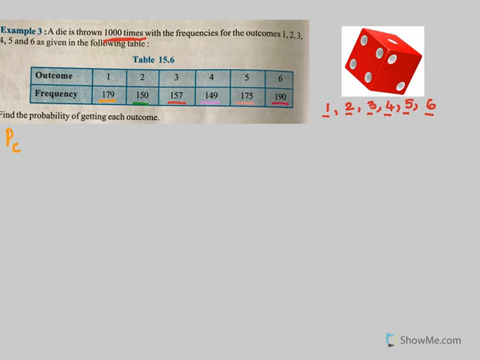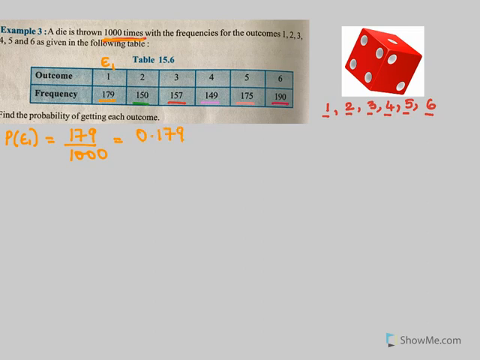The probability of the event 1. How many times has 1 come? 179. What was the total number of times it was thrown? 1000. The probability of 1 is 179 over 1000. That is 0.179.